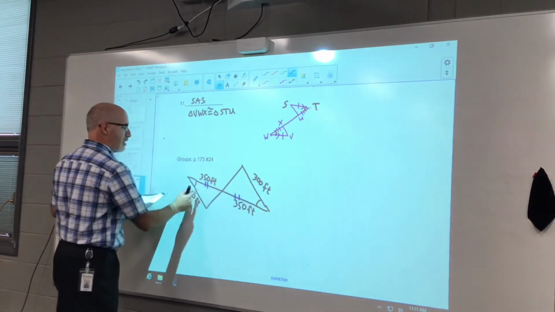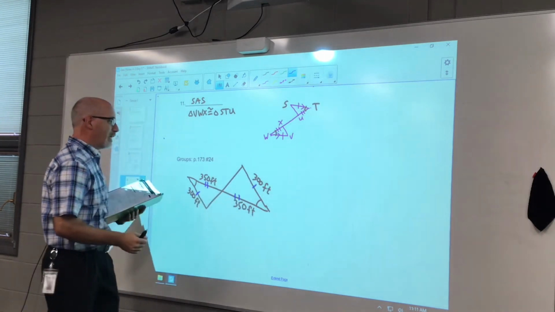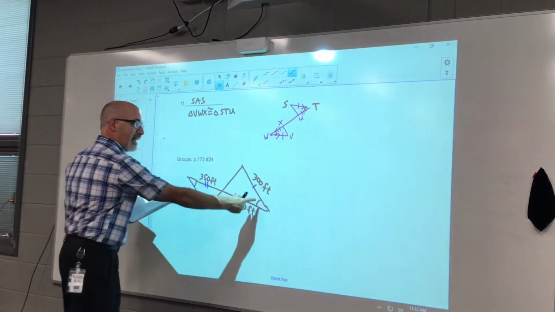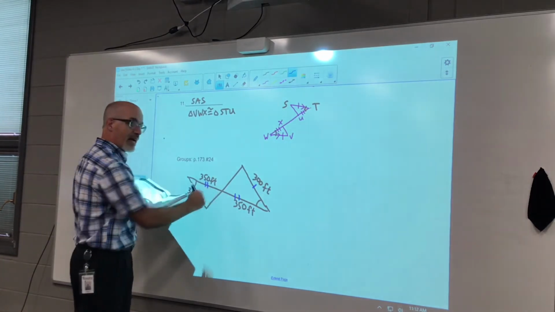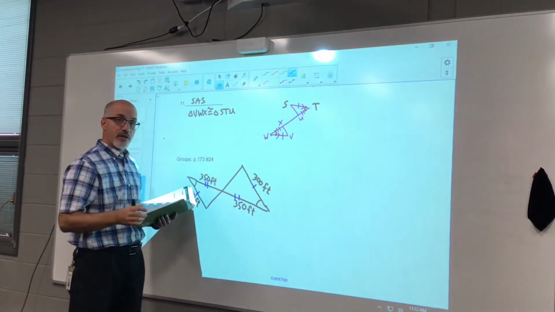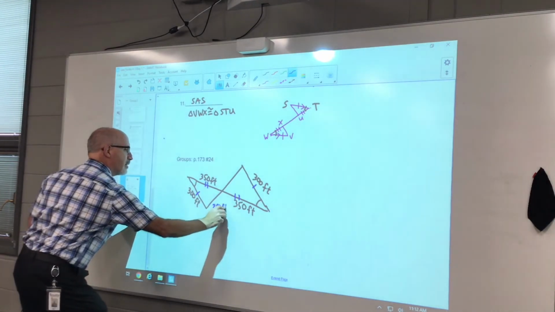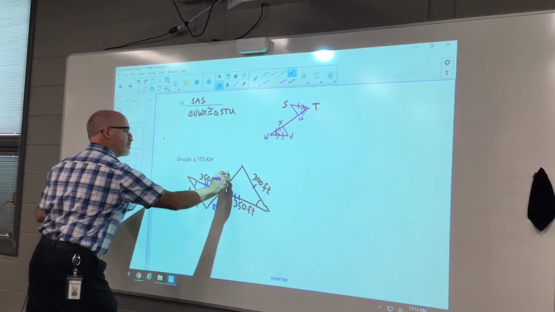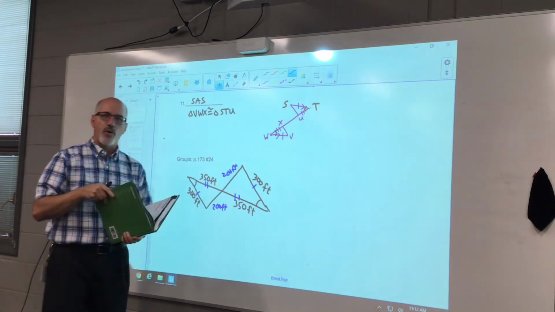This is 300 and this is 300, so this is congruent to this one. And then they state that these angles are congruent, so by side, included angle, side, those two triangles are congruent. So this is 200 feet here. That means that this has to also be 200 feet. So we can now count the whole distance.